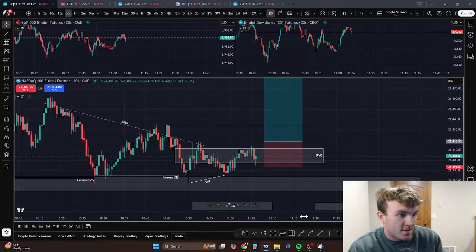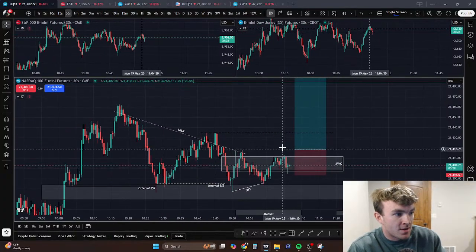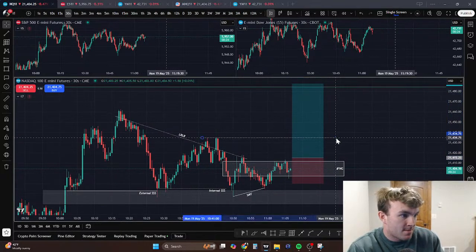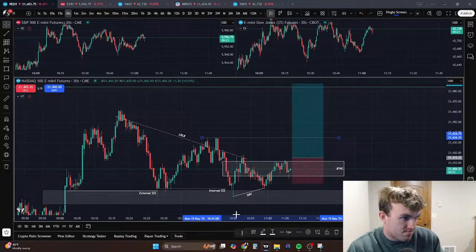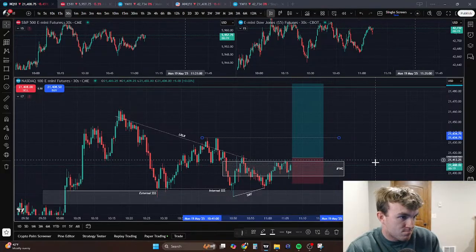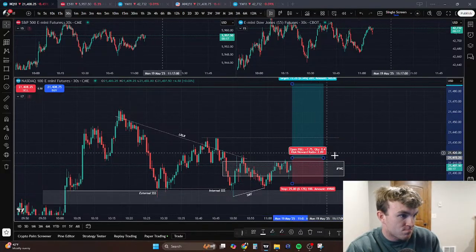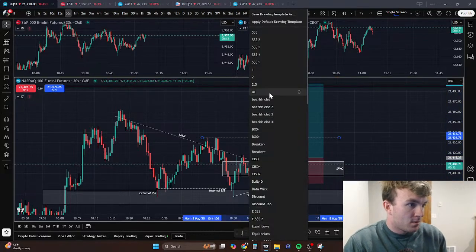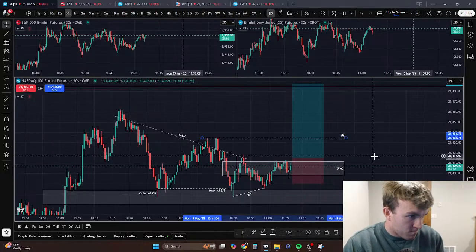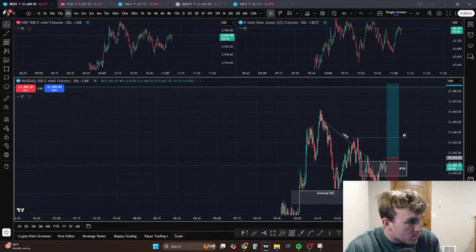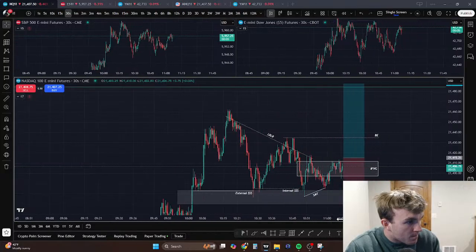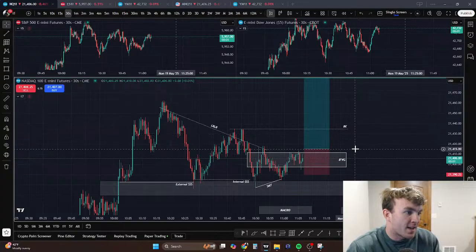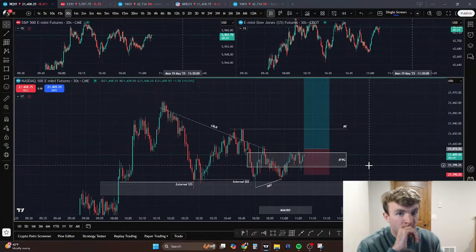Unless it inverses on this candle right here, and it's really obvious. I think we're gonna have to wait till this next Hydra macro.